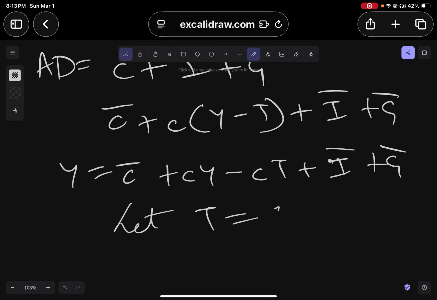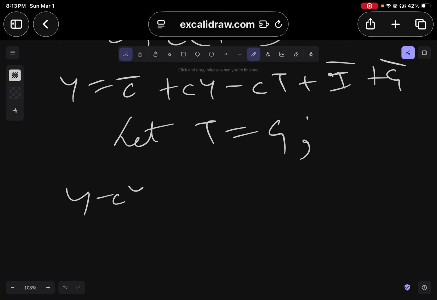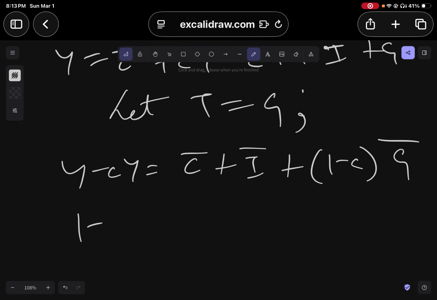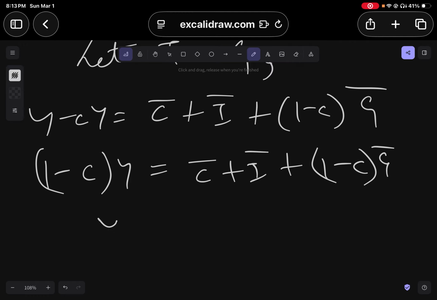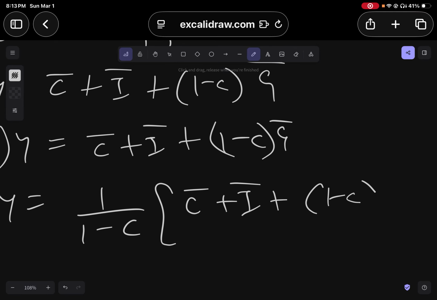Let T equal G since we are getting the balanced budget multiplier. Y minus CY is equal to C bar plus I bar plus (1 minus C) G bar. So (1 minus C) Y is equal to C bar plus I bar plus (1 minus C) G bar. Therefore, Y is equal to 1 upon 1 minus C times C bar plus I bar plus (1 minus C) G bar.